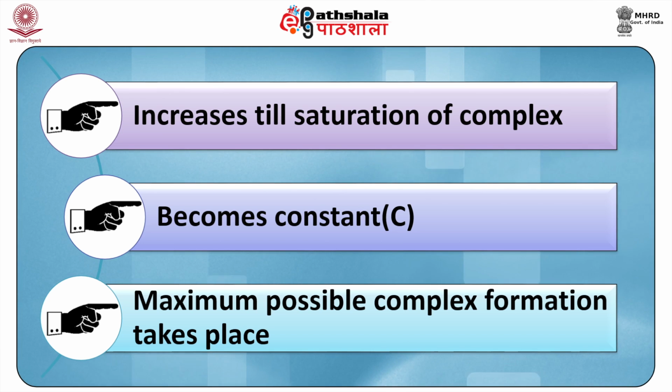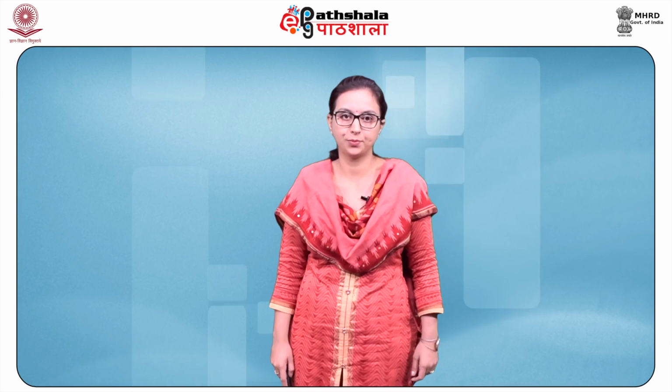This constant is represented by the point C. At this point C, the maximum possible complex formation takes place. The stoichiometry of metal and ligand can be clearly known by the x-axis, which is the mole fraction axis.